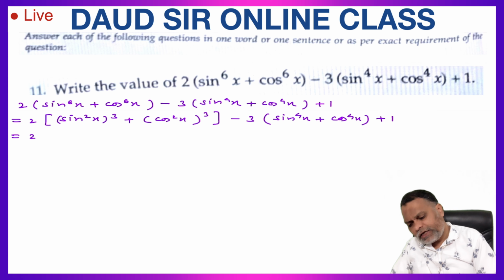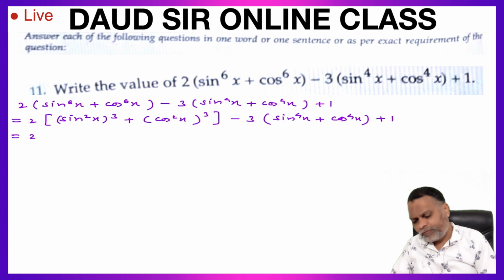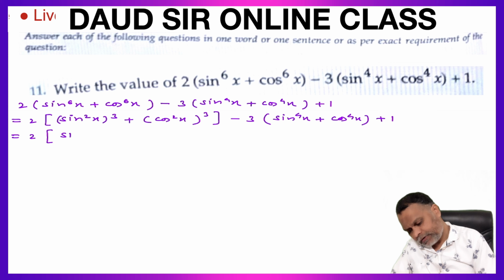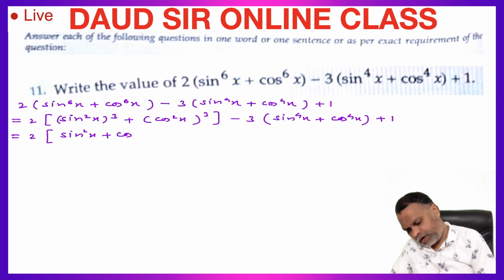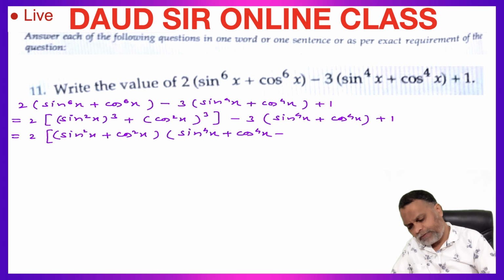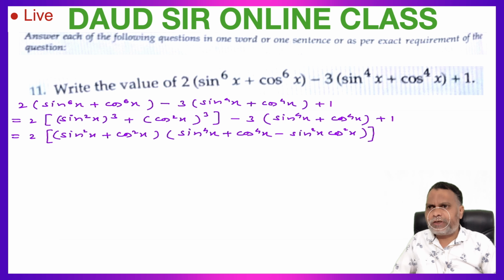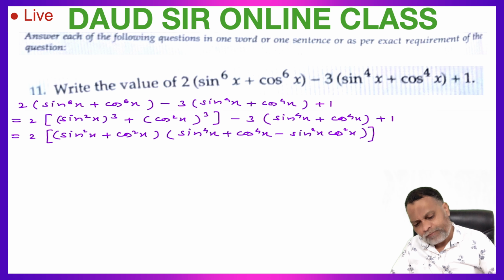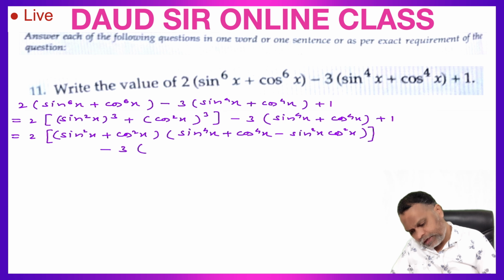Here we can apply the identity a cube plus b cube is equal to (a plus b) into (a square plus b square minus ab). So (sin square x plus cos square x) into (sin raised to the power 4x plus cos raised to the power 4x minus sin square x into cos square x), minus 3 times (sin raised to the power 4x plus cos raised to the power 4x) as it is, plus 1.